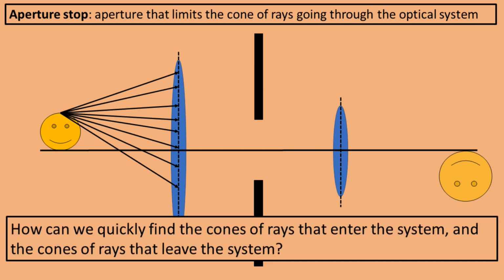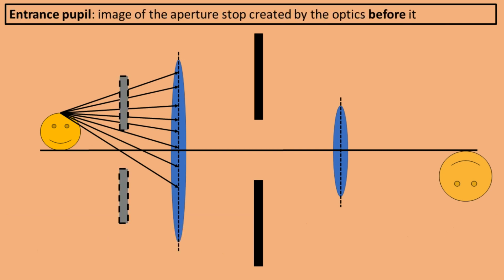How can we quickly find out how this aperture limits the cones of rays that enter and leave the optical system? We define the entrance pupil to be the image of the aperture stop created by the optical components before it. Usually this is a virtual image, but for simplicity let's assume in this case that it's a real image. Recall what it means to image an object.